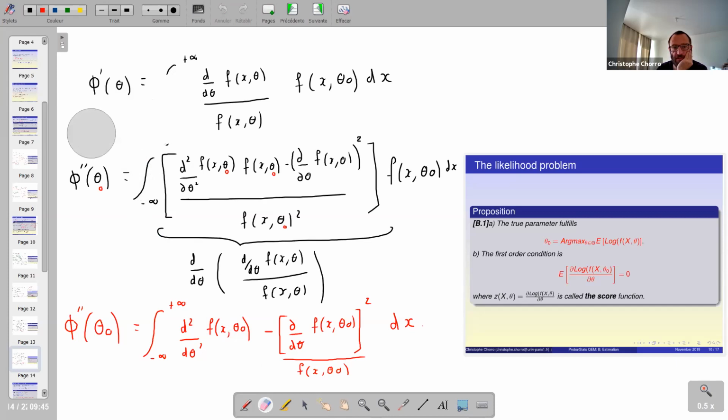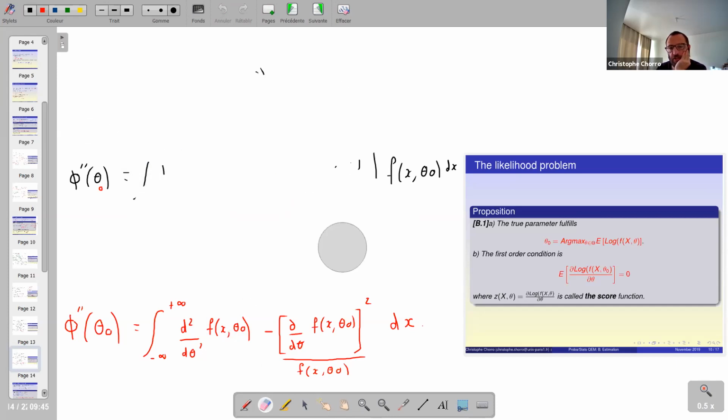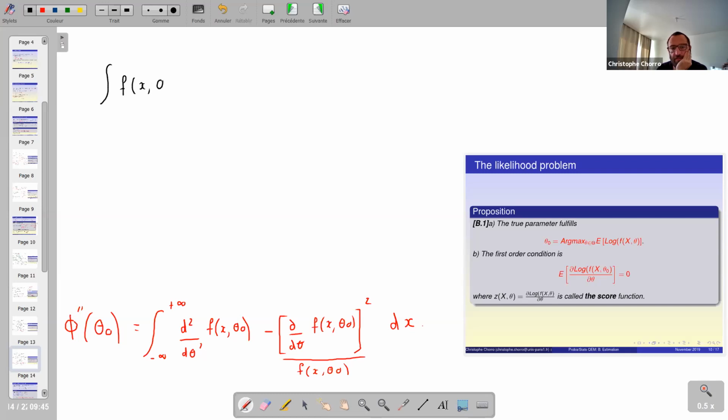Let's erase this part that I don't need anymore here. My job, I remind you, is to check if it is possible to prove that this one is strictly negative. And the answer is yes. Why? Because keep in mind the following. I have said that this one is equal to 1.